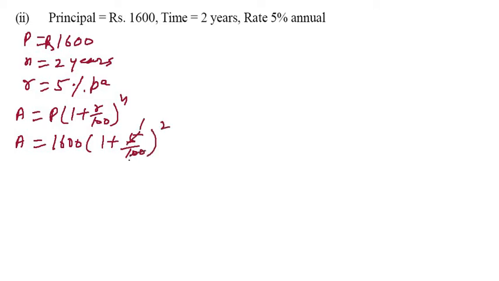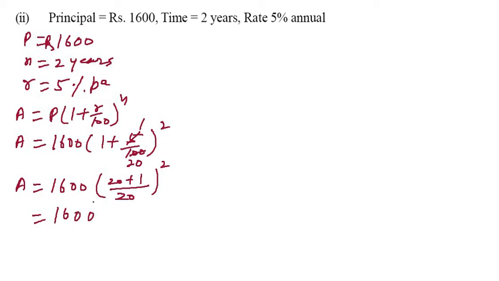So 5 1s are 5, 5 2s are 10, that is 20 after cancelling. So amount will be equal to 1600, taking the LCM, that is 20. So 20 plus 1 and whole power is 2. So that will be equal to 1600 into 21 upon 20 and whole power is 2. So that is the amount.